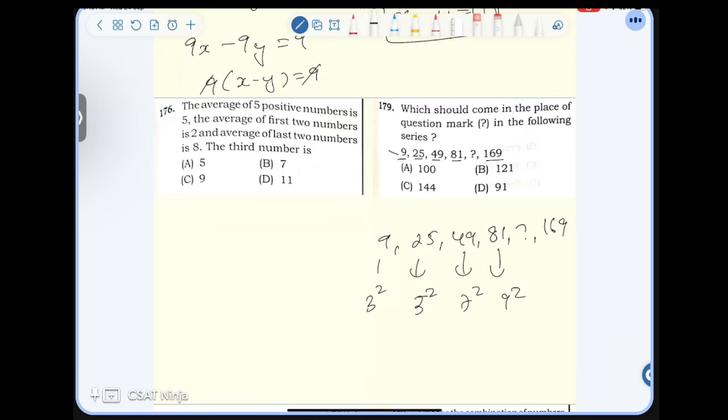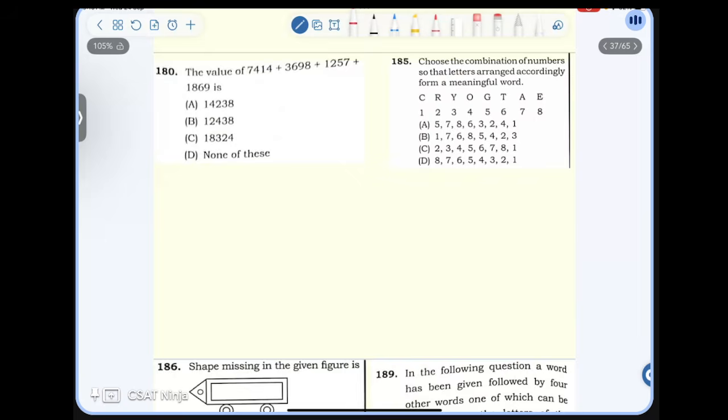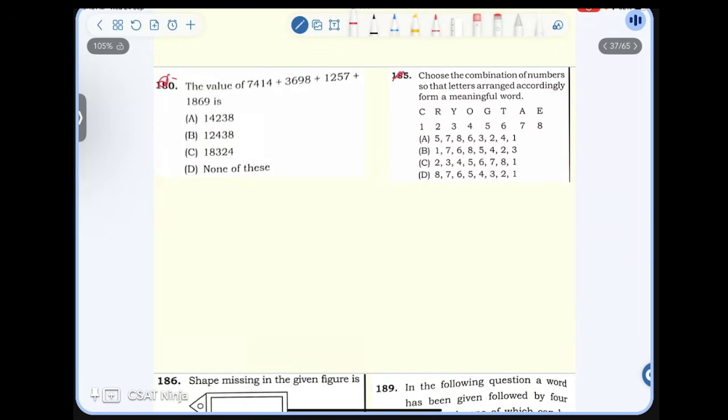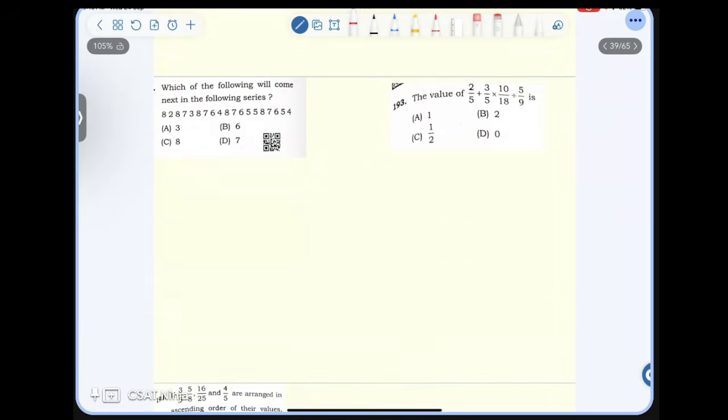That means it's an odd number square. Next odd number is 11. 11 square is how much? 121. The answer is 121. So if you know those squares, number system asked in the NSSB is just easy peasy. I'll leave these questions for you. These are nothing much, just simple questions only.